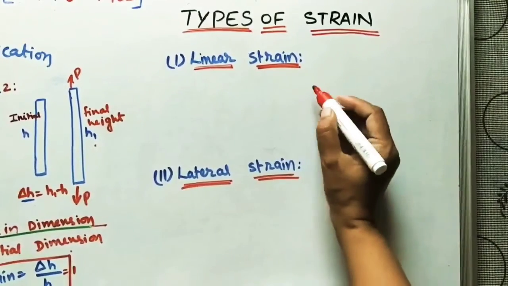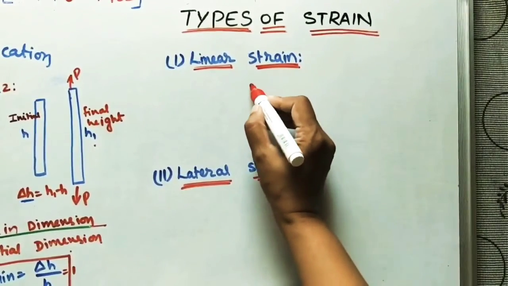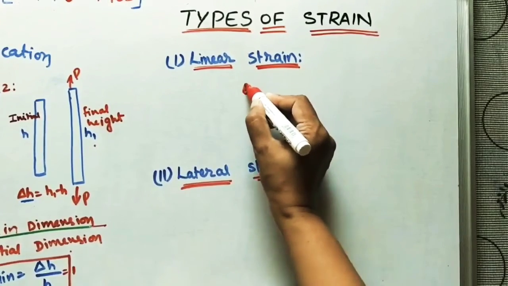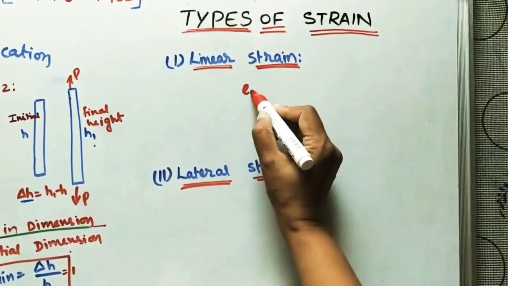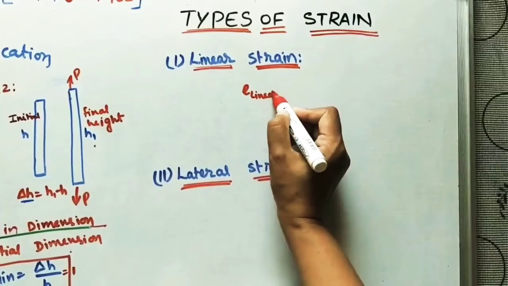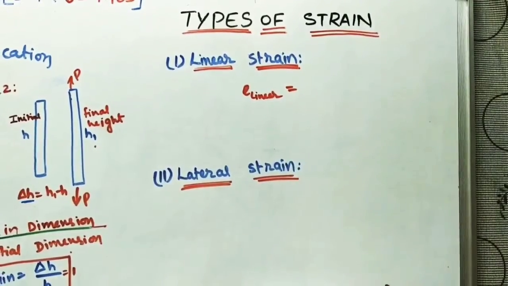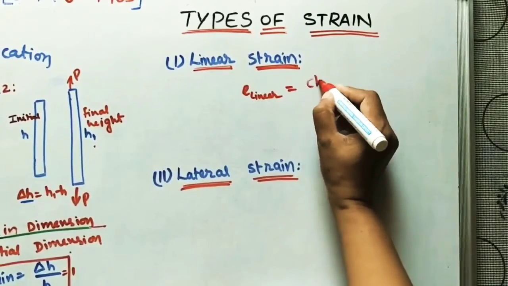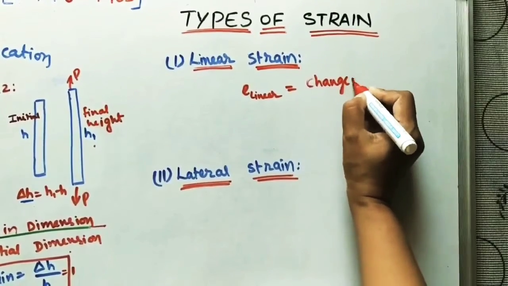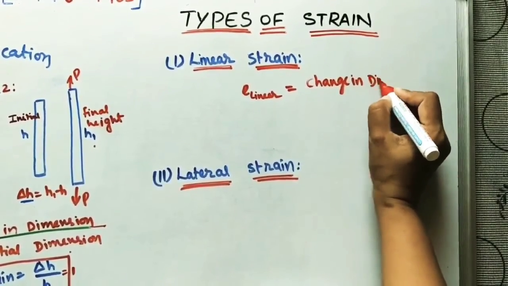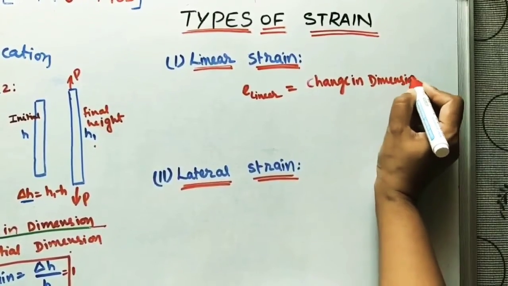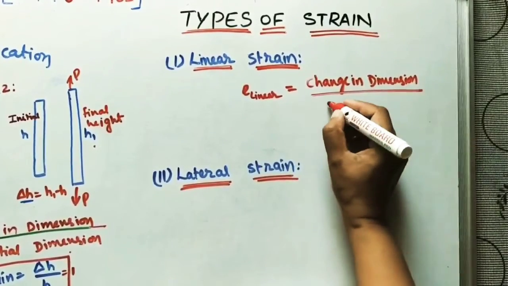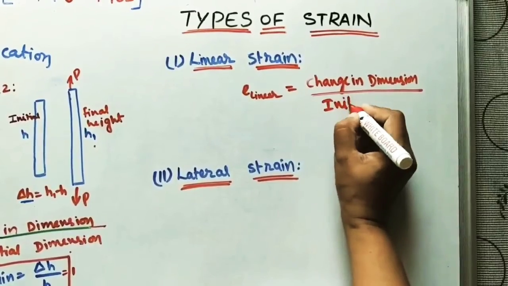So the strain symbol is e, and here it is linear strain, so we can write e linear. It is equal to change in dimension to the initial dimension.